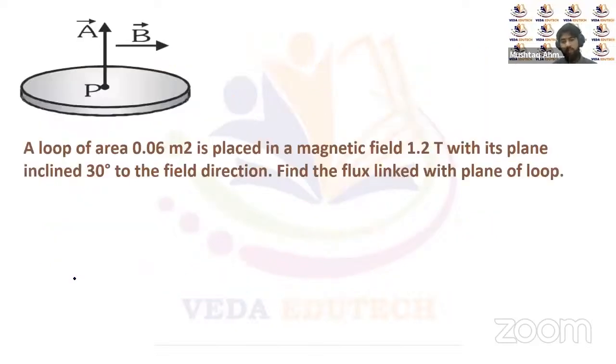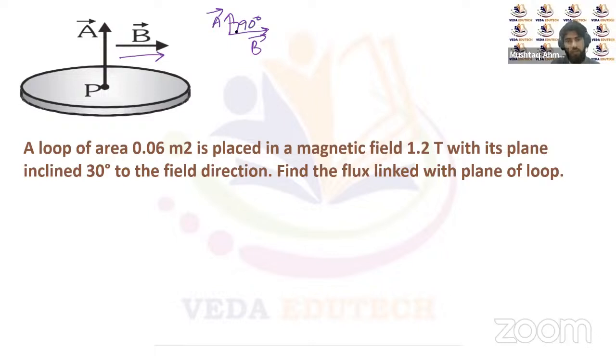In the same way, let's suppose the magnetic field is directed along the X direction, and this is the direction of the area vector. You can see that the area vector and the magnetic field lines are aligned at an angle of 90 degree with each other.